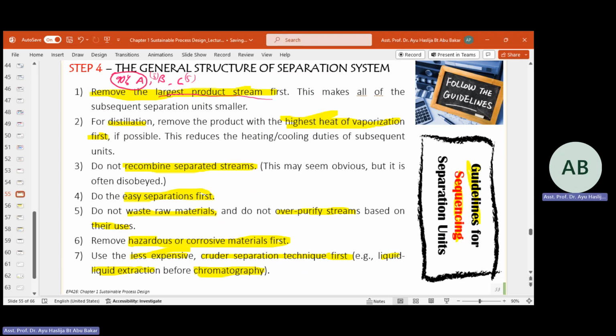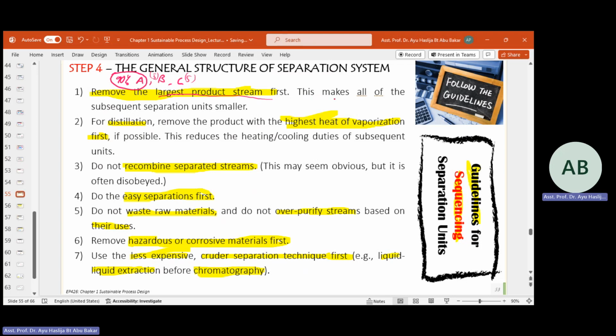A is suggested to be removed first, because the first separator will need quite a big design, as you have a larger amount to be separated.